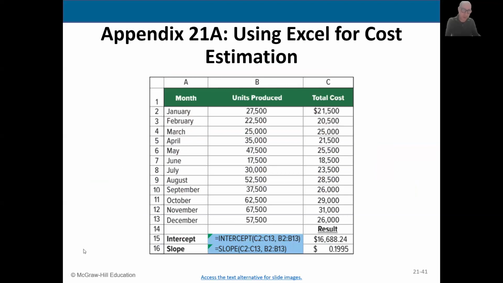And here we have an example of this. Remember, Excel is a very powerful tool, as you know, and you can figure it out graphically from there as well.